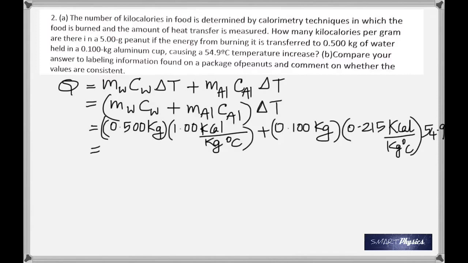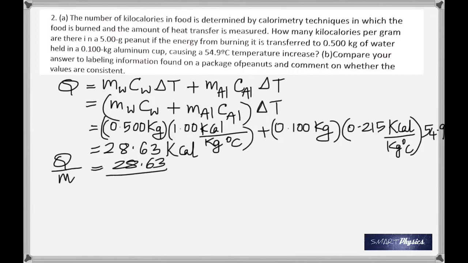I don't want to keep saying that unit again for specific heat. And the change in temperature is 54.9, of course, and when you calculate, you get 28.63 kilocalories. But now that means it was the same amount of heat produced in 5 grams of peanut.